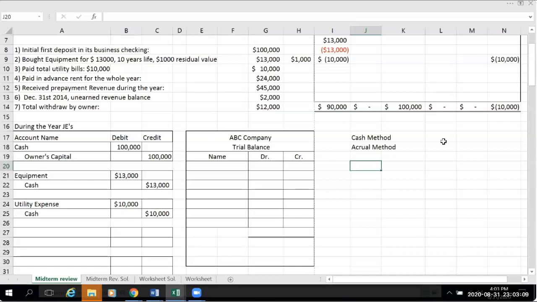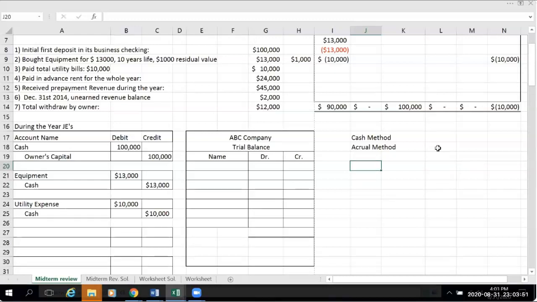Now, in regards to accrual method, it's different. Accrual method says you record revenue when you earn it, not when you receive cash. That means when the job is completed, the performance obligation is satisfied, and at that moment you can record revenue. And also under accrual method, you can record expense when you got the benefit out of the service or item that you received, and you have obligation to pay for it.